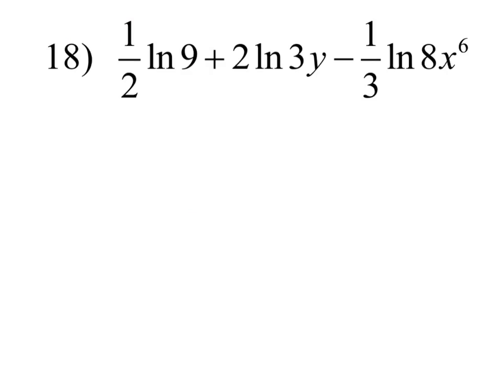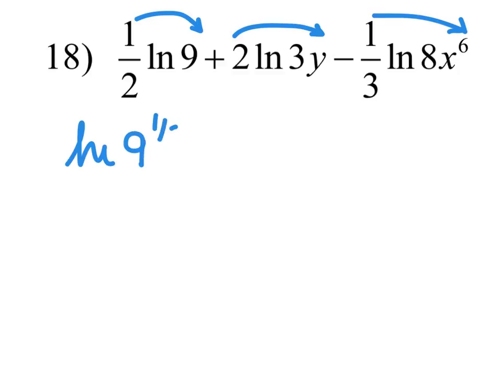Next up is a condensing problem. So when you condense, you always start by bringing up your exponents. Bring them up. So here I have the natural log of 9 to the 1/2. We're going to simplify this in a minute. All right, this is a weird one.